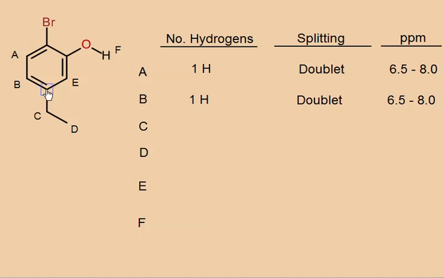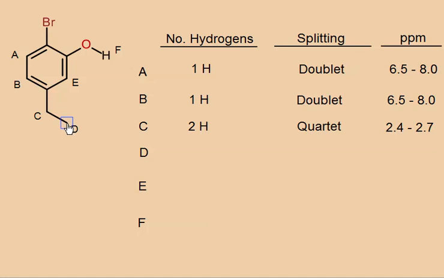Then moving around, of course there's no hydrogens here on this apex carbon. We've moved down here, we've got a pair of hydrogens with three non-equivalent neighbours, which should make it a quartet, n+1 rule, and because they're just off the aromatic ring, it'd be downfield at about 2.4 to 2.7.